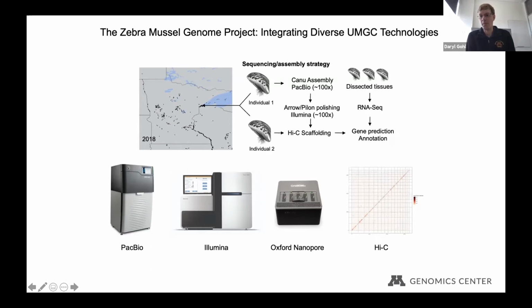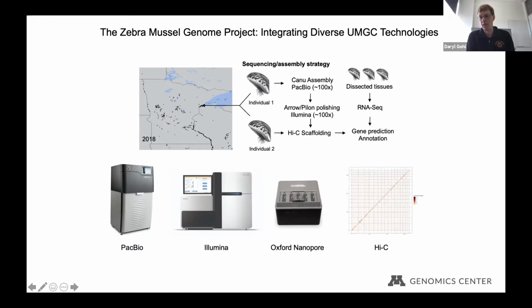So by merging all of these techniques and the really fantastic resources that we have at the University of Minnesota Genomics Center, we're able to make the most contiguous and complete molluscan genome assembly reported to date. So we have a really high quality reference genome for zebra mussels.